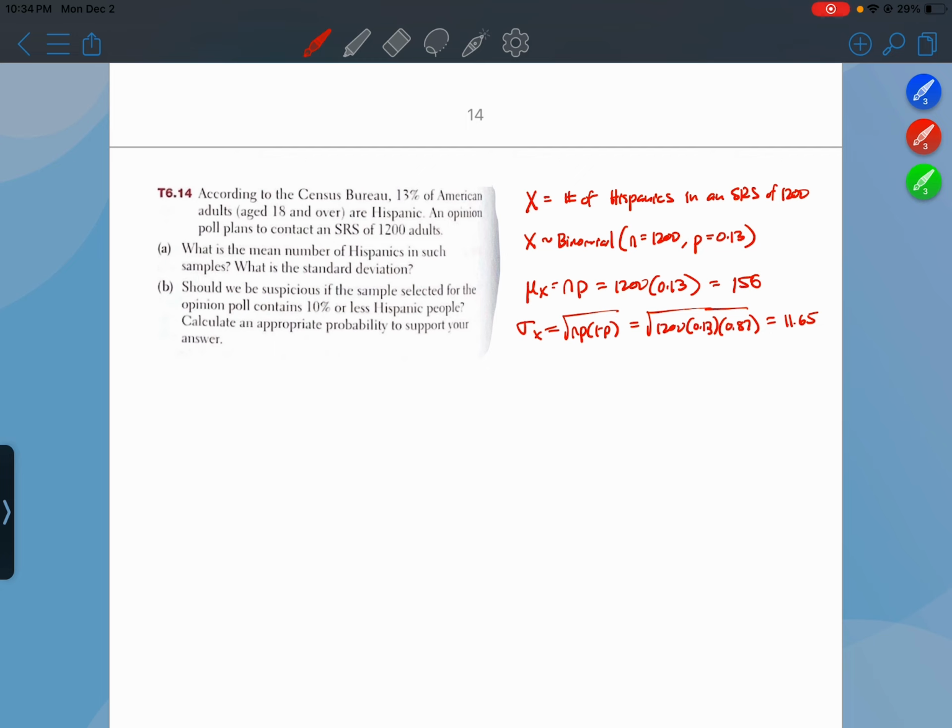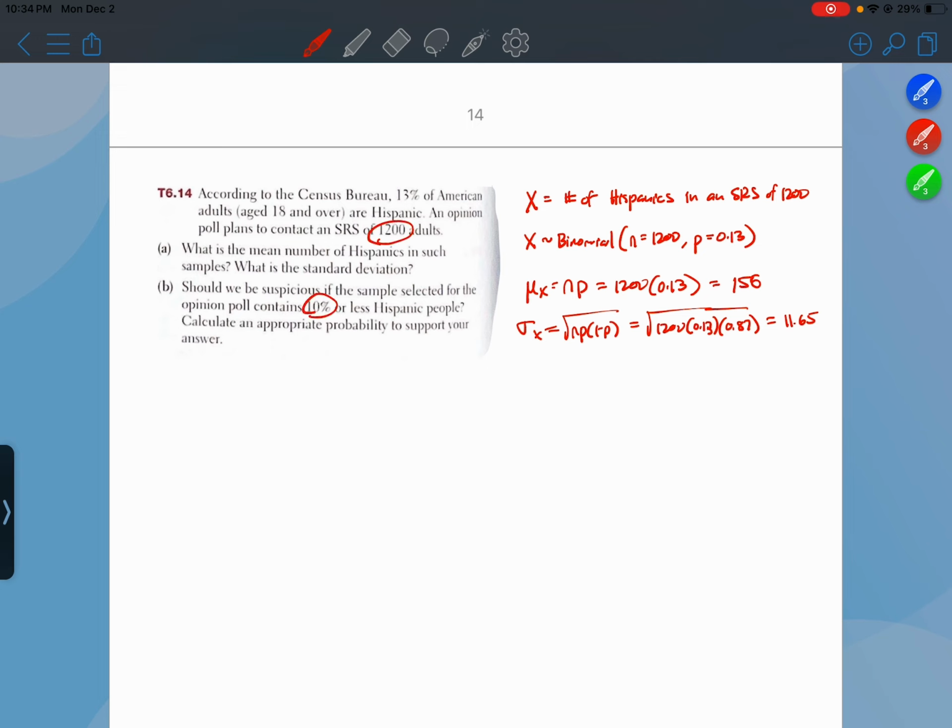Part B. Should we be suspicious if the sample selected for the opinion poll contains 10% or less Hispanic people? Calculate an appropriate probability to support your answer. So what is 10% of 1,200? That'd be 120.